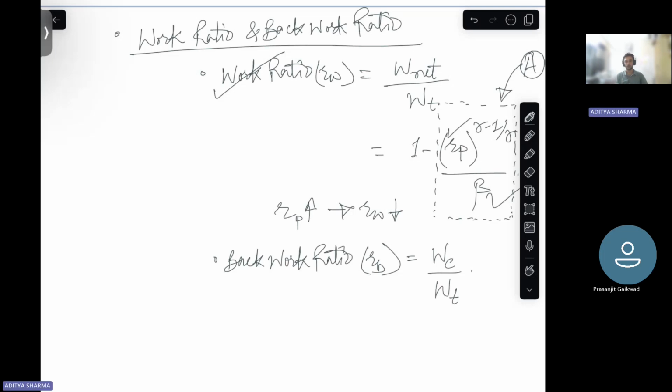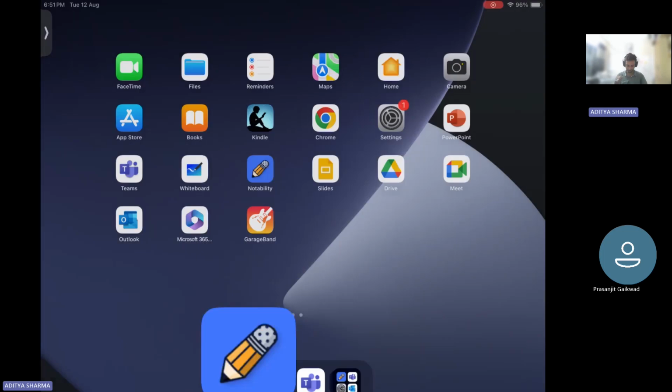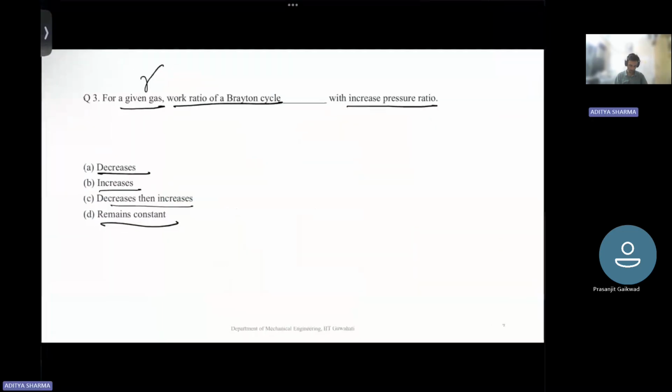So work ratio will eventually decrease. So A should be the answer. Yes, A is the answer to this question.